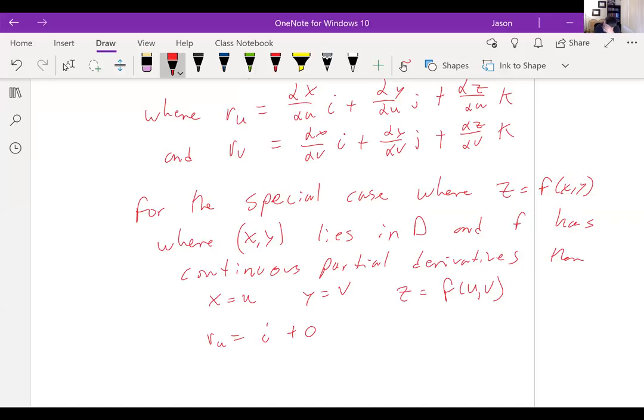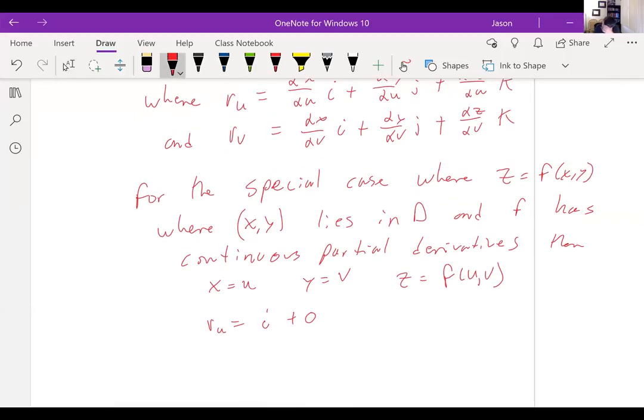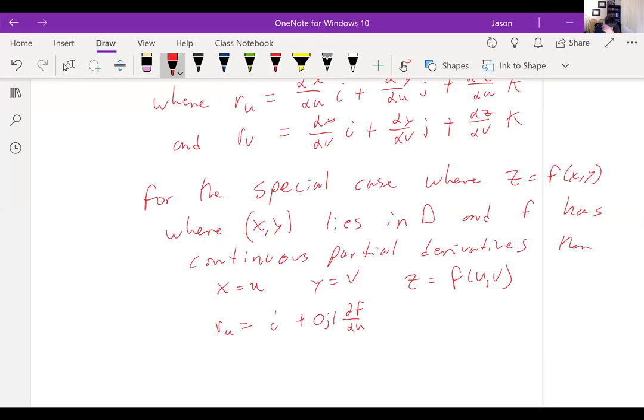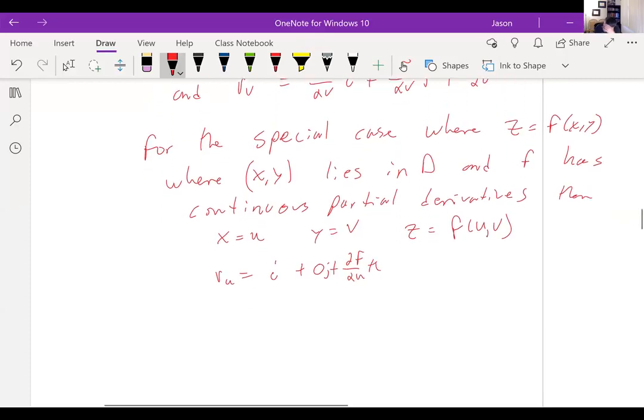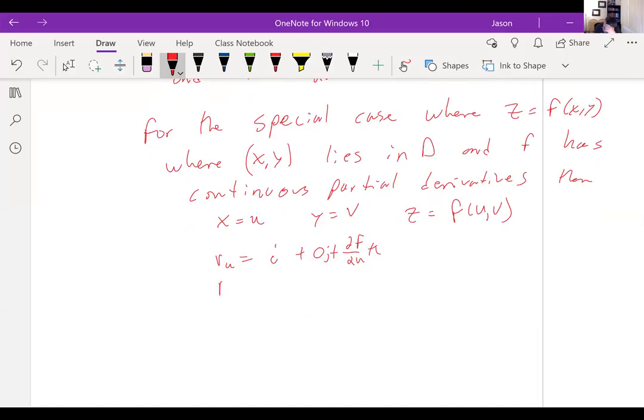And then dz du, well, that's just partial of f with respect to u. So this is i plus 0j plus partial f partial u k. And then what's r_v? r_v is 0i plus j plus partial of f with respect to v, k.